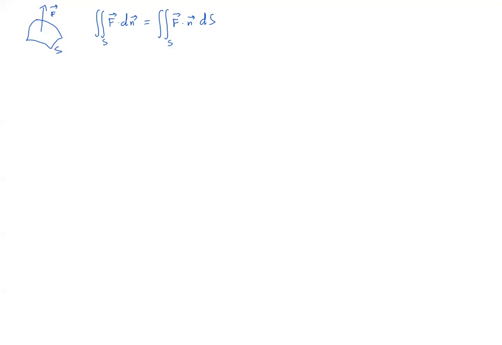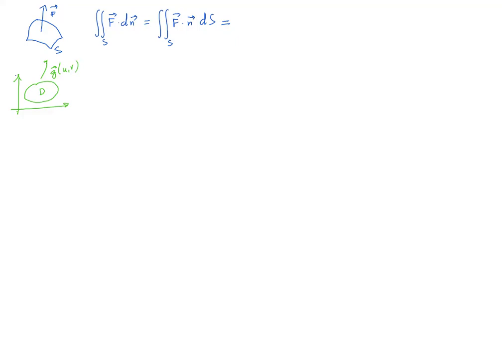Basically, in order to compute it, you need to start with a parameterization for your surface patch over some domain T. And this is G of uv, called this parameterization.